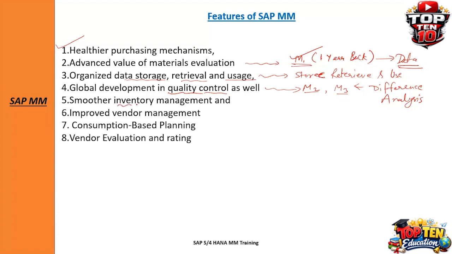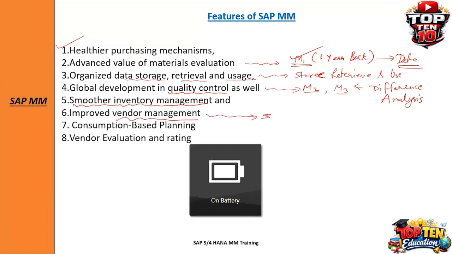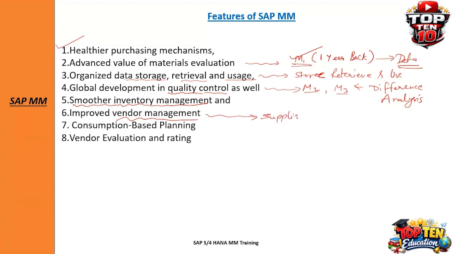Inventory management will be a very easy task. So we can call it smoother inventory management. When we are maintaining the data relating to suppliers, there is one thing: improved vendor management. There are a number of suppliers, supplier 1, supplier 2, supplier 3, supplier 4.